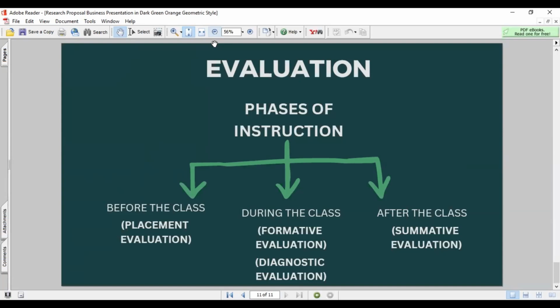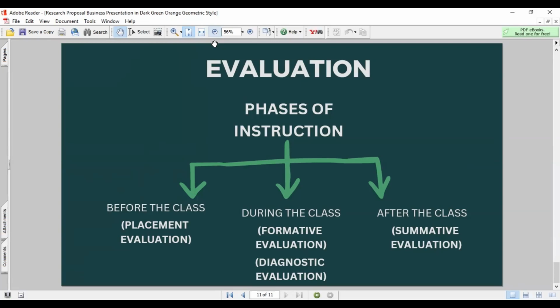Now, during the class, as I told you, there can be different types of evaluation which we do. As a teacher, one needs to continuously keep asking questions, asking for feedback from the students, whether you have understood this or not, whether the concept is clear or not.